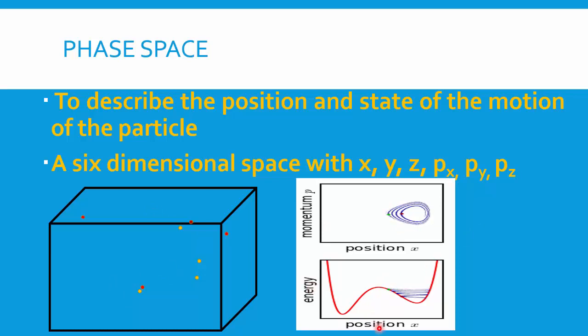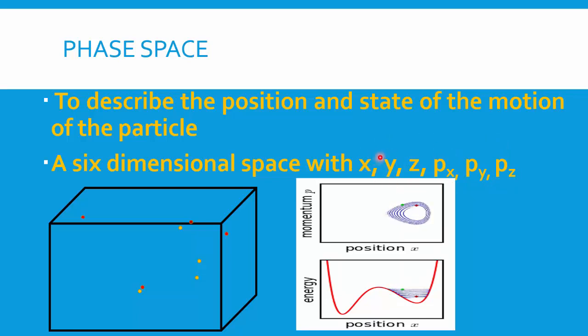But when you talk about three dimensions, there will be x, y, z, which hints to the position, and for every x, y, z you will have momentum in three directions, px, py, pz. So for a three-dimension motion you will have a six-dimension space, which is called the phase space.